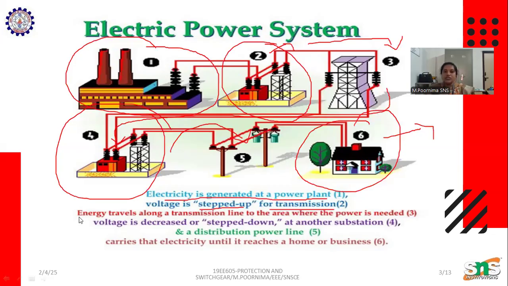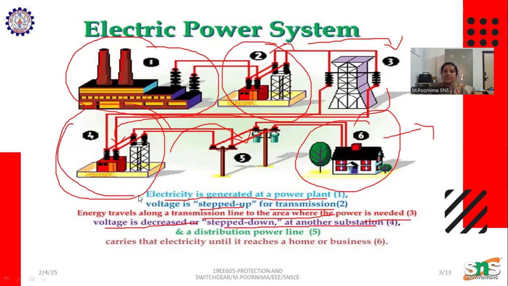Next, the energy travels along the transmission line to an area where the power is needed. The voltage is decreased or stepped down at another substation.